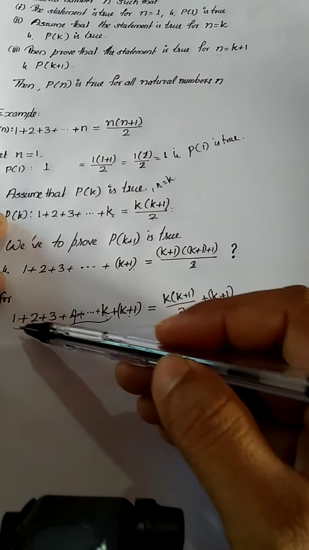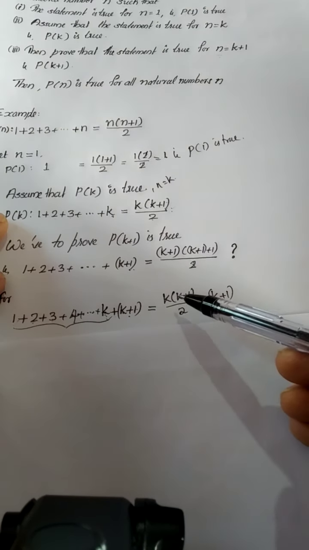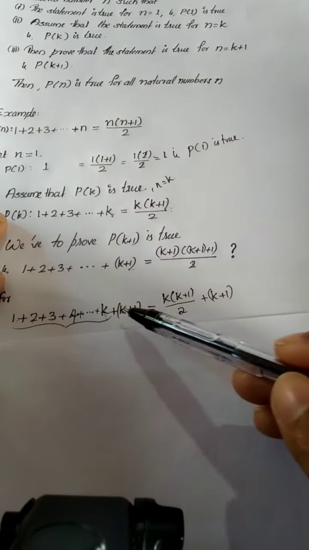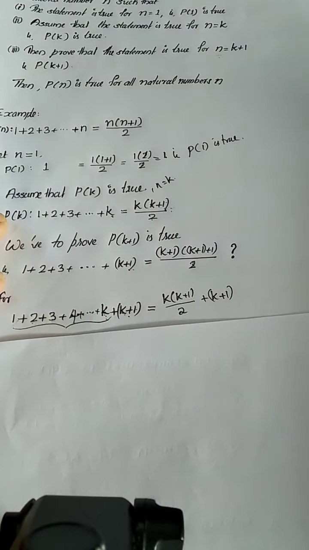So we are just substituting k into k plus 1 divided by 2, and the remaining k plus 1 is there.